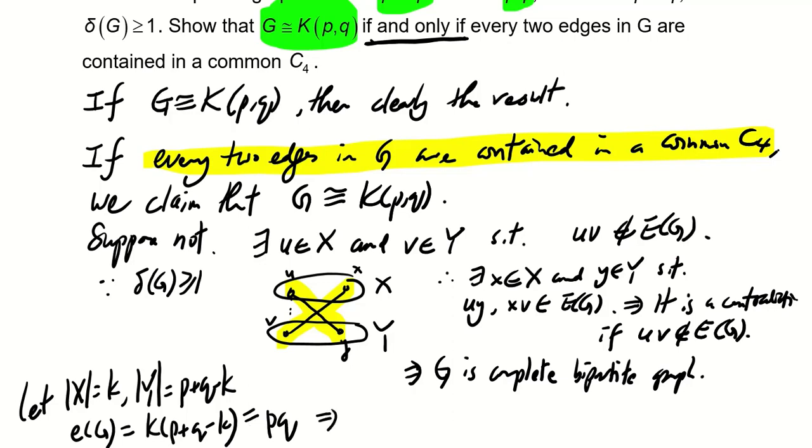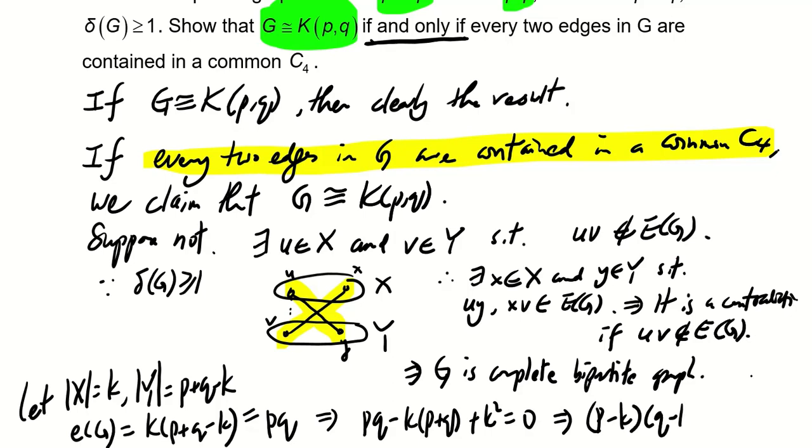So we have PQ minus K(P plus Q) plus K squared equals 0. After we factorize it, this is (P minus K)(Q minus K) equals 0. It means that either K equals P or K equals Q. For either case, it will mean that G equals K_{P,Q}.